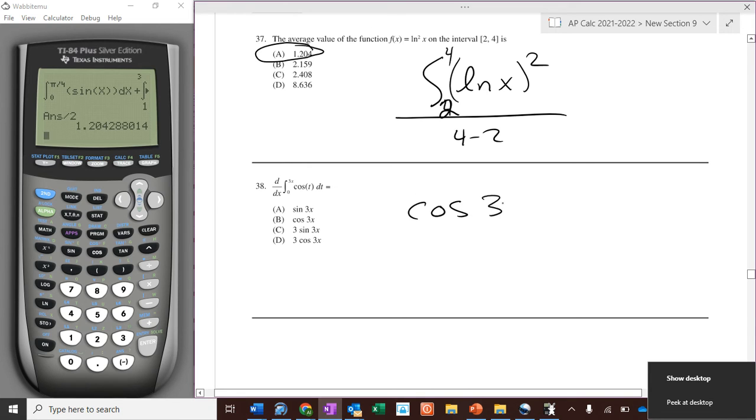It's a cosine of 3x times the first derivative of what's up there, times 3. So 3 cosine of 3x. That is so easy. Fundamental theorem of calculus. When it's the derivative of an integral and you have a number up here with a 0 on the bottom, you just stick the number in and then take the derivative of that number up there.